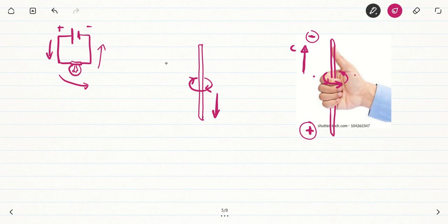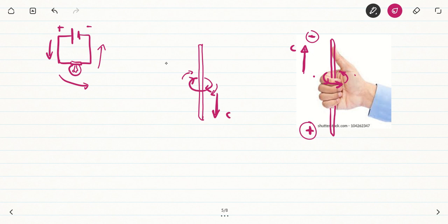Your fingers are curling in such a way that they go behind the rod from this side, and appear in front of the rod on this side. So if your current is flowing downwards, that means the magnetic field created by your current will flow in a clockwise direction. So you can do this again. Point your thumb downwards, curl your fingers, and look at the direction in which your fingers are facing. That will give you the magnetic field.